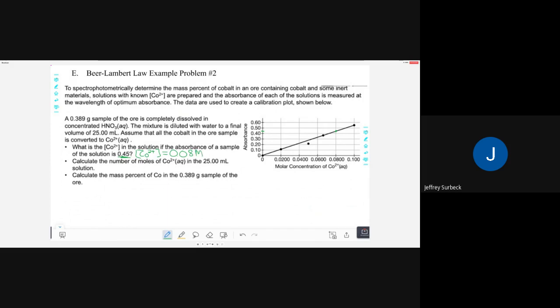Now we want to calculate the number of moles of cobalt 2 plus in the 25 milliliters of our solution. Okay, so now let's think about this. We have our concentration and we have our volume. What formula could we use to find out the specific number of moles of cobalt 2 plus in our 25 ml solution?